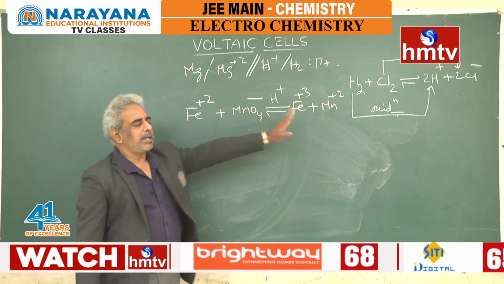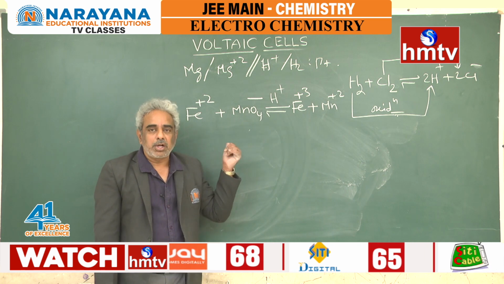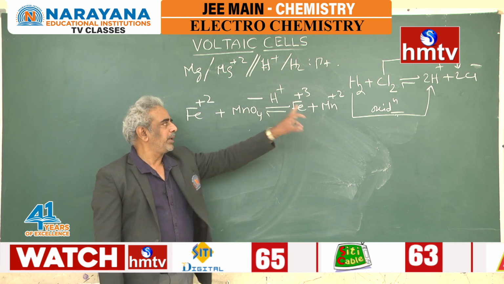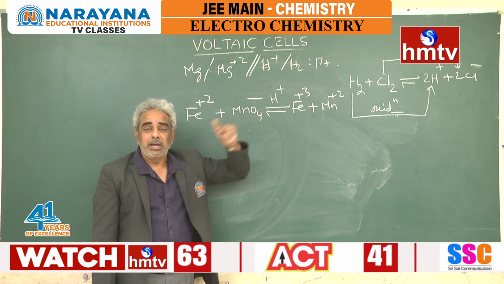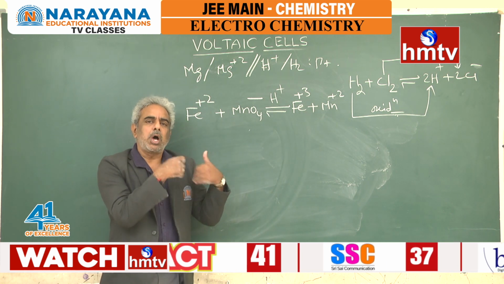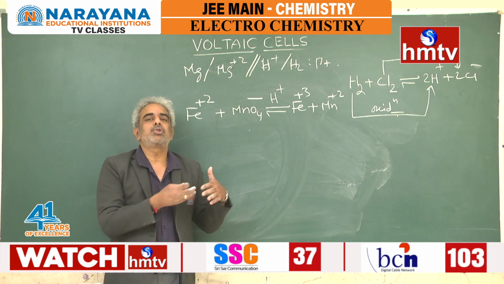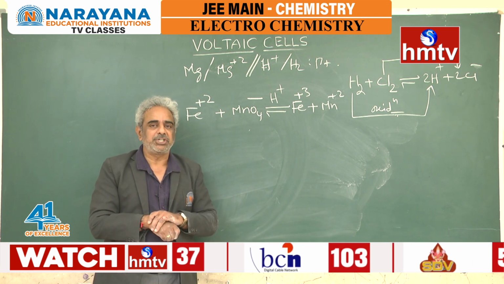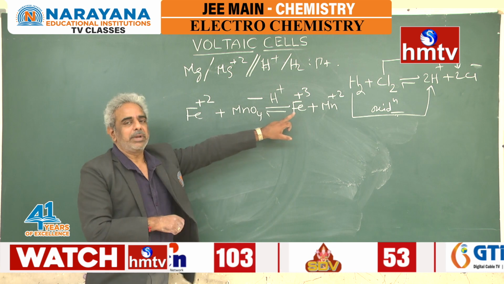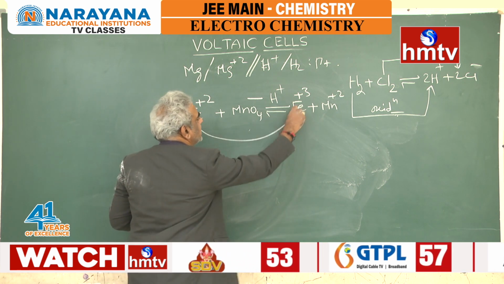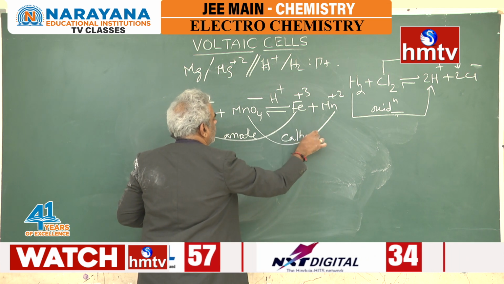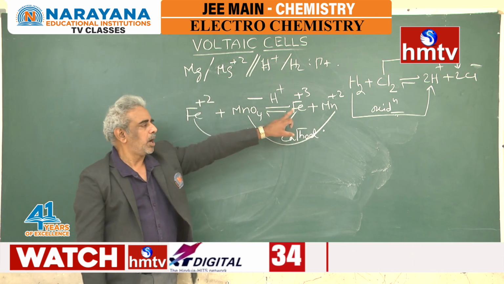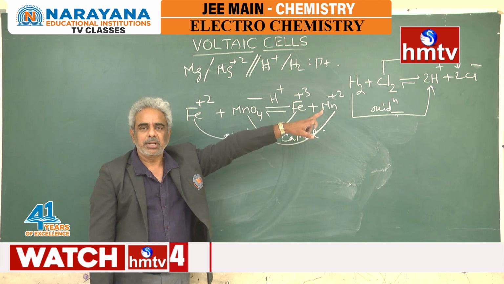So, what exactly is this reaction? This is a redox reaction. Ferrous to ferric is oxidation, MnO4 minus to Mn2+ is a reduction. So, how to show it? All are ions only. How to show it in the form of cell notation? Who is oxidized? Ferrous. So, this makes the anode, this makes the cathode. Anodic reaction, oxidation; cathodic reaction, reduction.